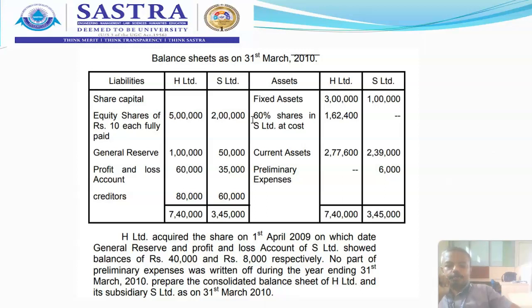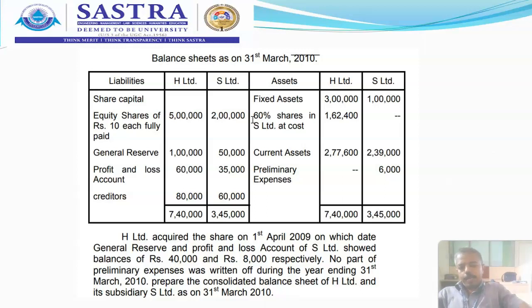Here profit prior to acquisition comes to 42,000, of this 60%, 25,200. So the total subtracting item, or we can call this the net realizable asset value of S Limited at the time of acquisition, was 1,45,200.